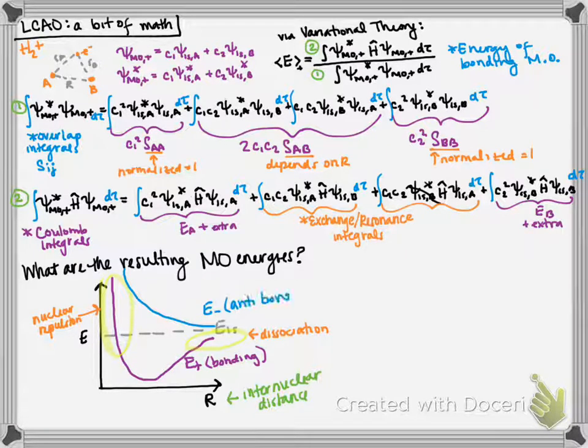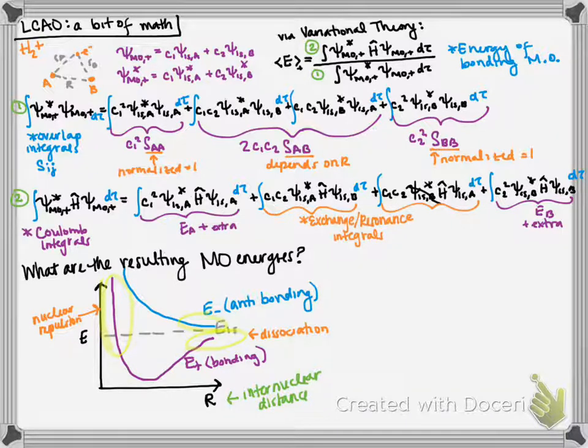Now if we were to do all the math above for the anti-bonding orbital, or when we subtract the two wave functions to get destructive interference, we'd see the blue curve for the resulting energy. So this is always going to give us a higher energy than it would for a single electron in a hydrogen atom.